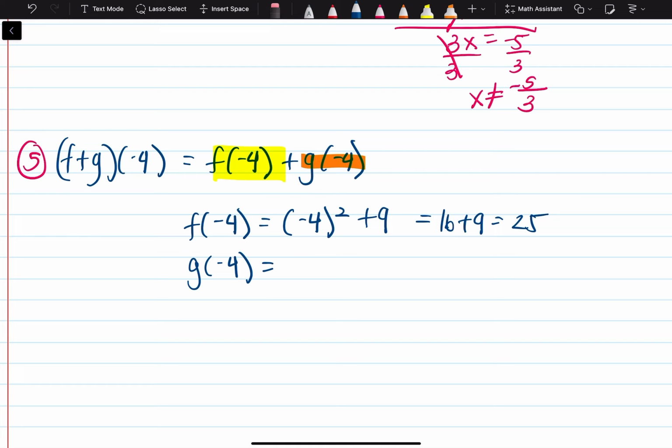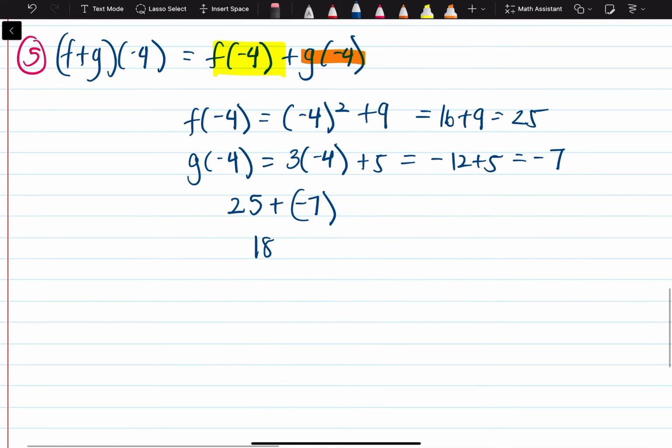Okay, I would find g of negative 4, which would be 3 times negative 4 plus 5, and that equates to negative 12 plus 5, which simplifies down to negative 7. And then with these two values, we can take 25 and add it with negative 7 to give us 18.